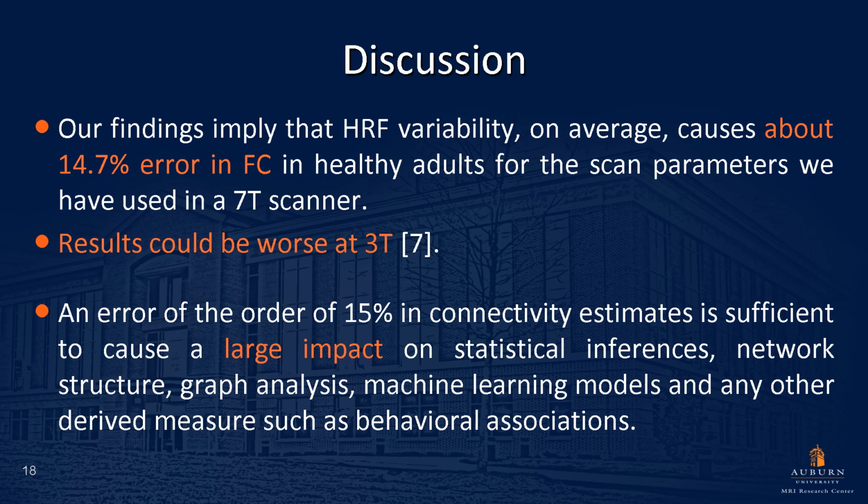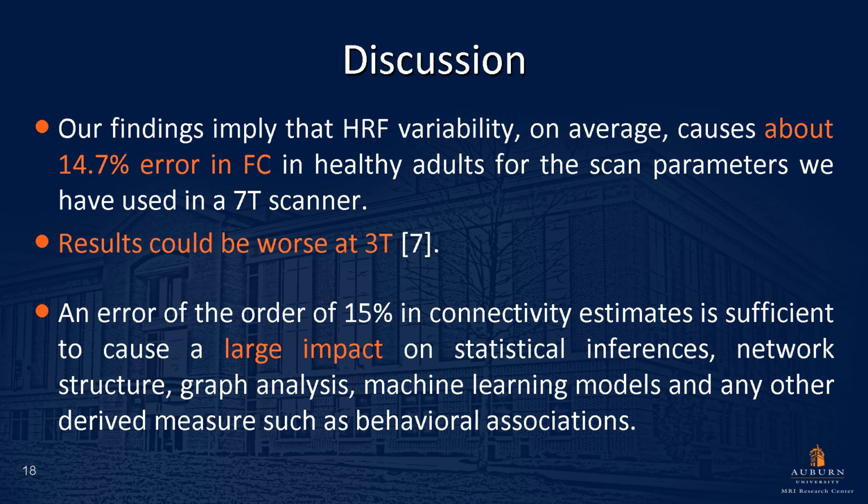So the HRF variability could be smaller. This really needs to be tested at 3T. And an error of the order of 15% in connectivity estimates is sufficient to cause a large impact on statistical inferences. So this is really the error in magnitude.